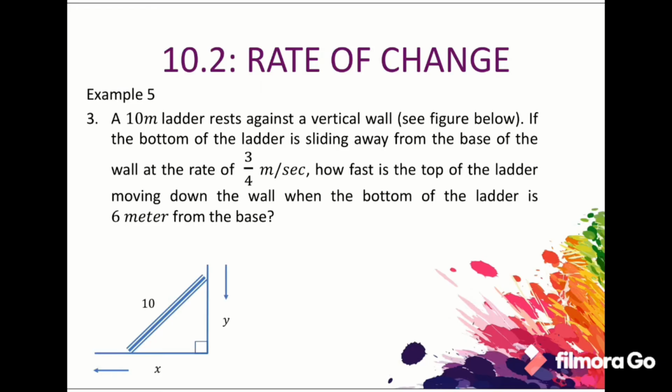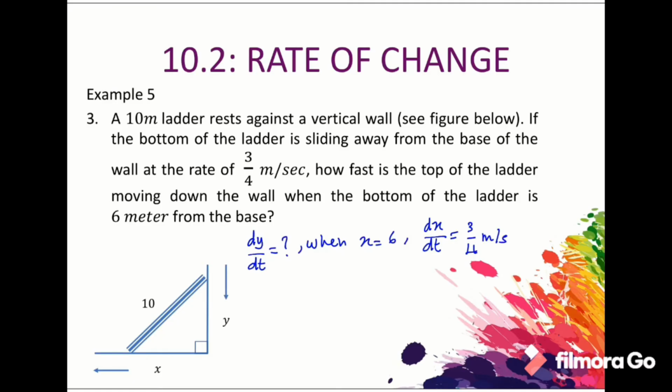So in this case, we want to find the rate of change of y with respect to time as x moves away from the wall. So that means we are looking for dy/dt when x is equal to 6, and it is given that dx/dt is equal to 3 over 4 meter per second.